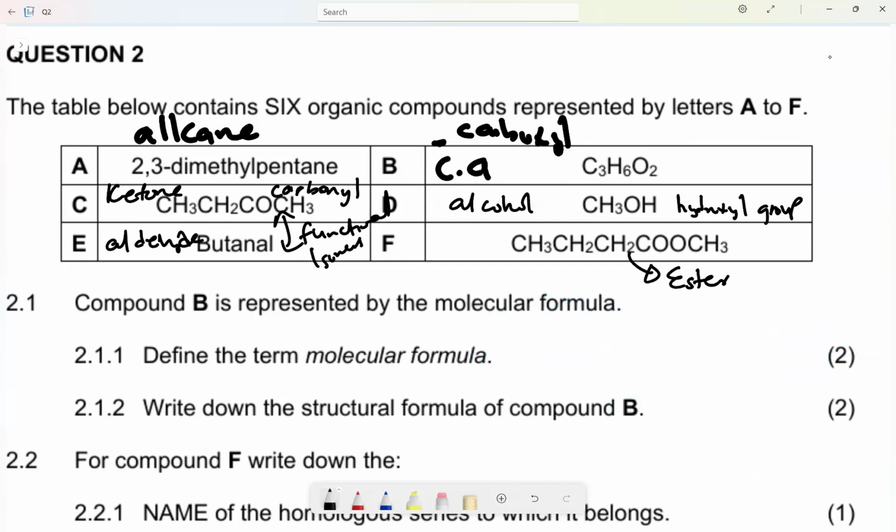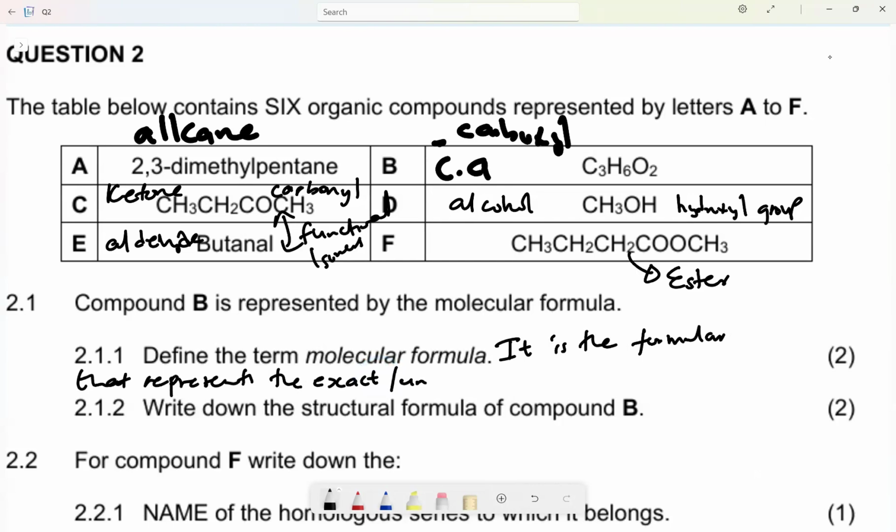Define the term molecular formula. A molecular formula, it is a what? It is a formula that presents the exact or unsimplified number of atoms in a molecule.